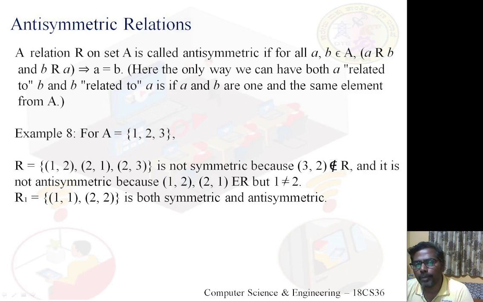In R, I am able to see two pairs, one is (1, 2) and the other pair is (2, 1). But 1 is not equal to 2, so it is not antisymmetric.